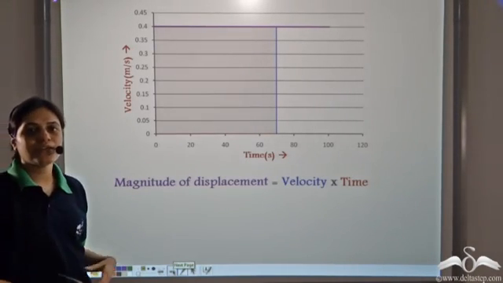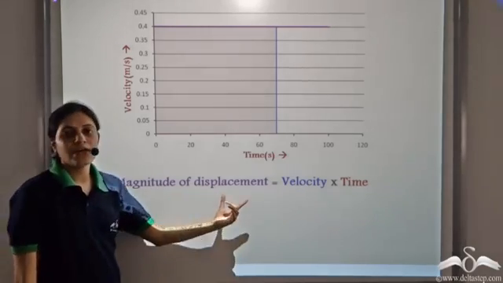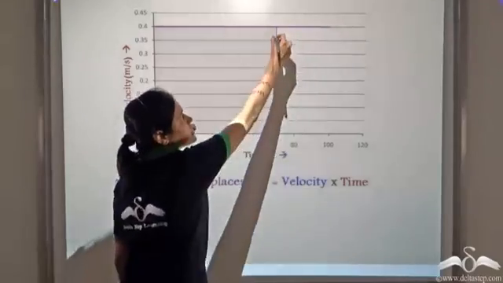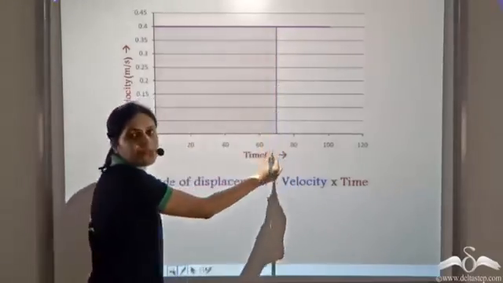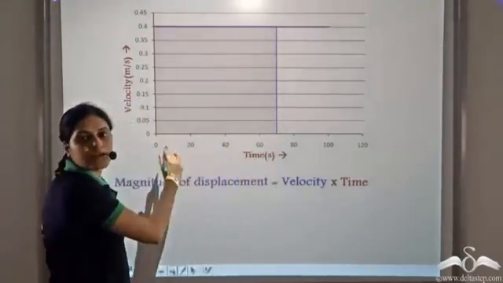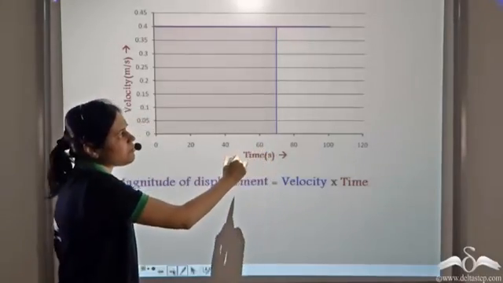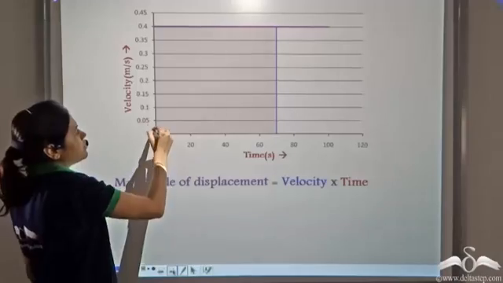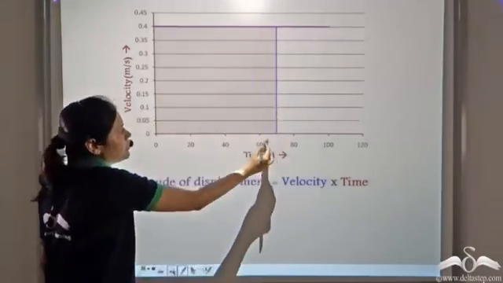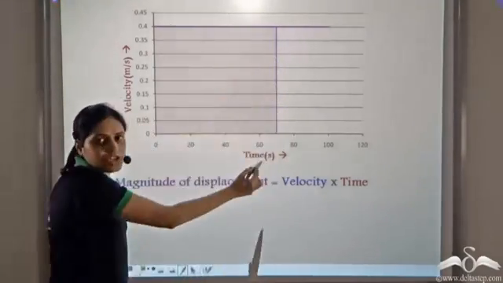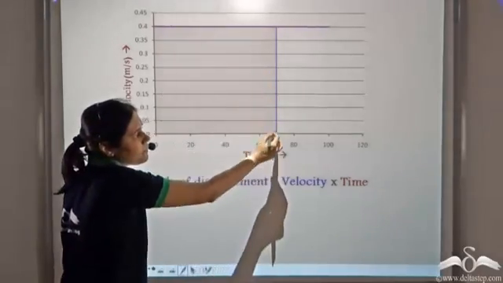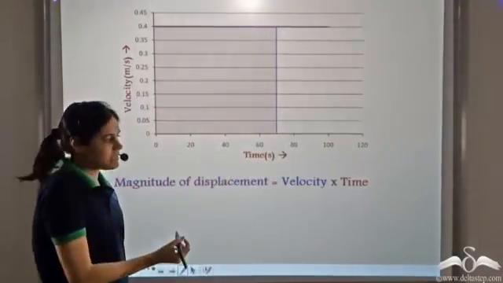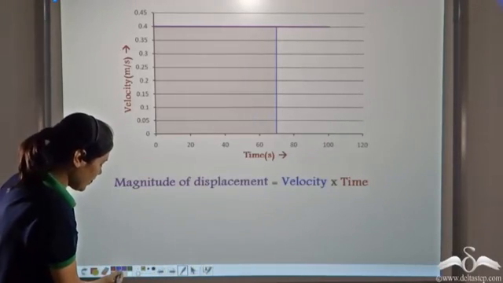Now we have seen that magnitude of displacement is equal to velocity into time. This distance, this is the velocity, and this distance, this is the time taken. But what is this distance actually? If we consider this shaded region as a rectangle, then this distance, that is the velocity, can be considered as the length of the rectangle.